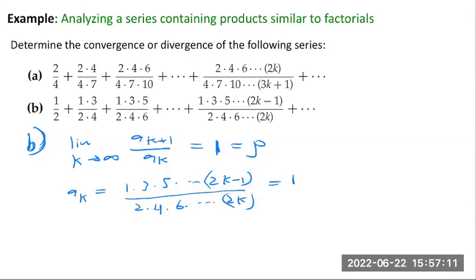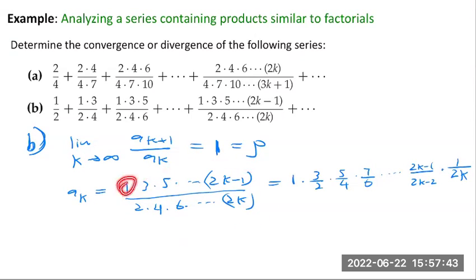So you can rewrite this a_k in this way: 1 times 3 over 2 times 5 over 4 times 7 over 6 times, so on and so forth, 2k minus 1 over 2k minus 2, times 1 over 2k. I'm just rewriting the terms of this one.